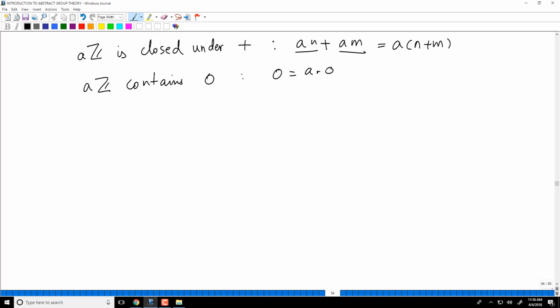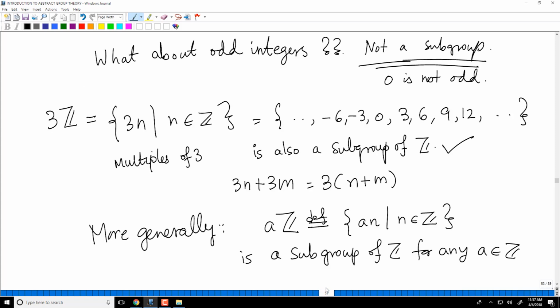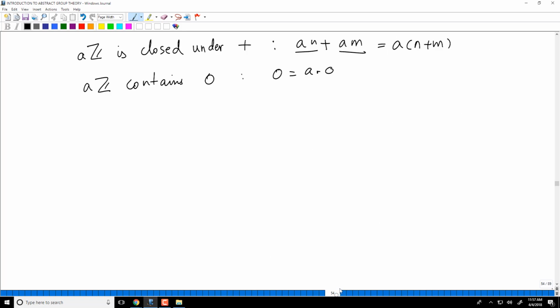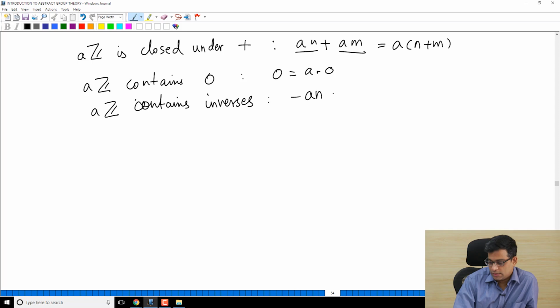Remember, aZ is all multiples of a, so you can take an for every n in Z. In particular, when you take n equal to 0, you get 0. And similarly, aZ contains inverses, because the inverse of an is a times minus n, which is also inside aZ.